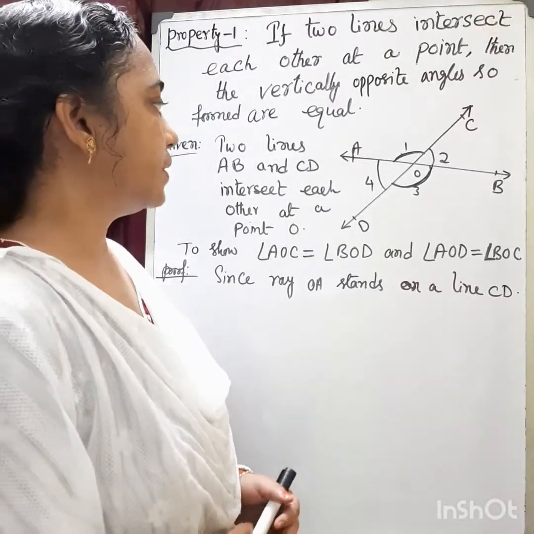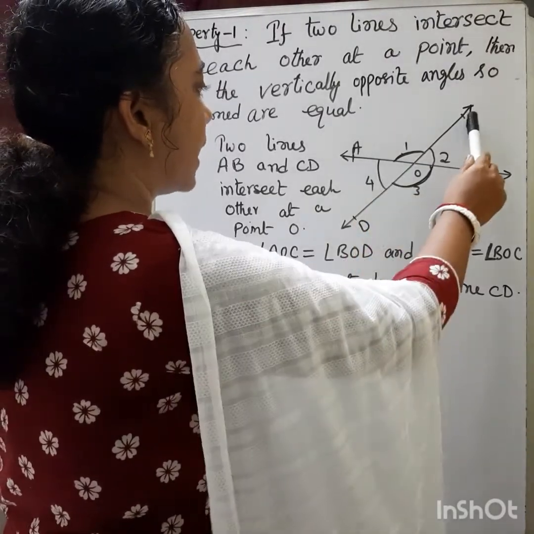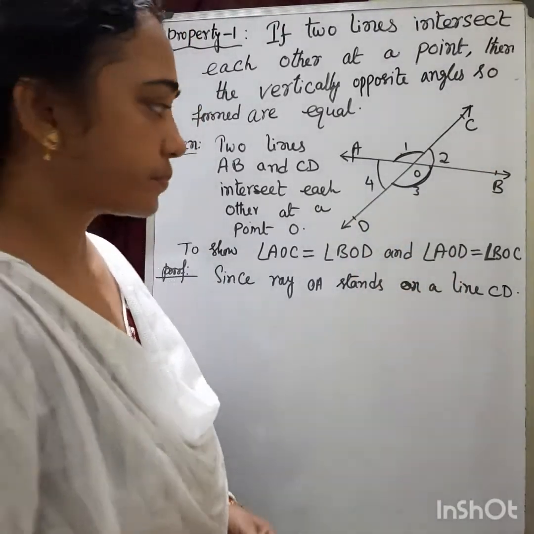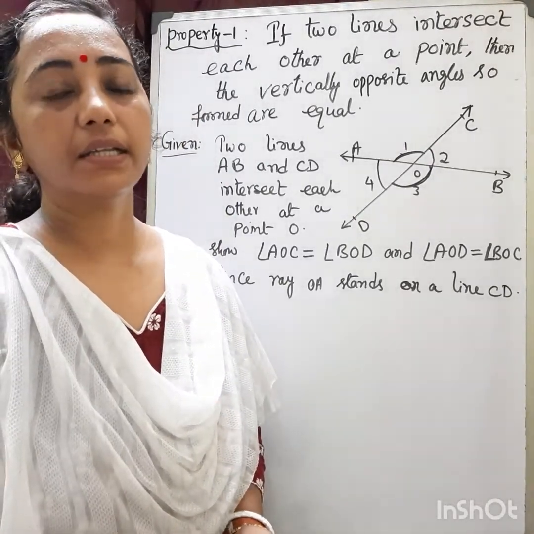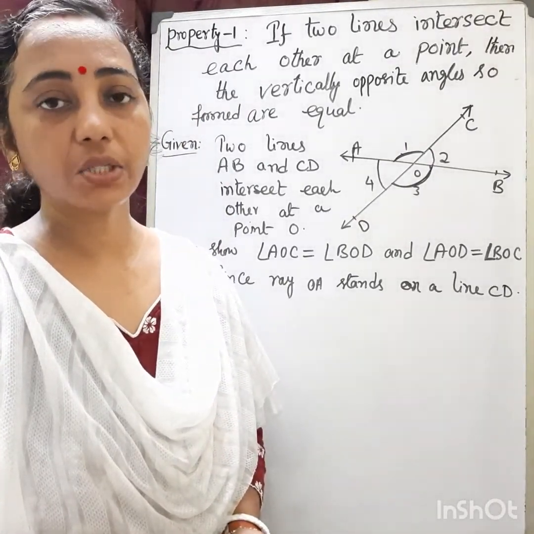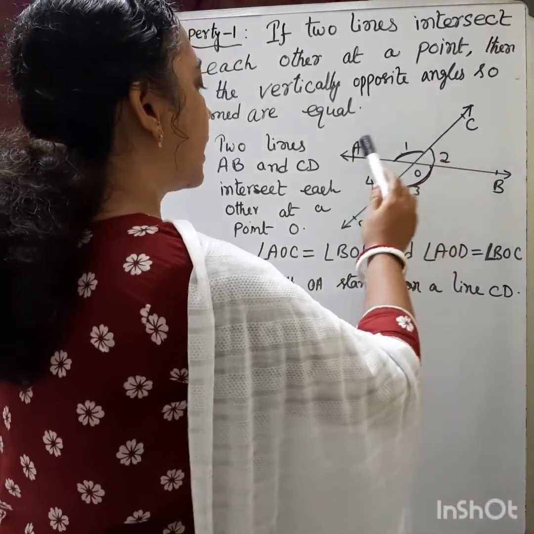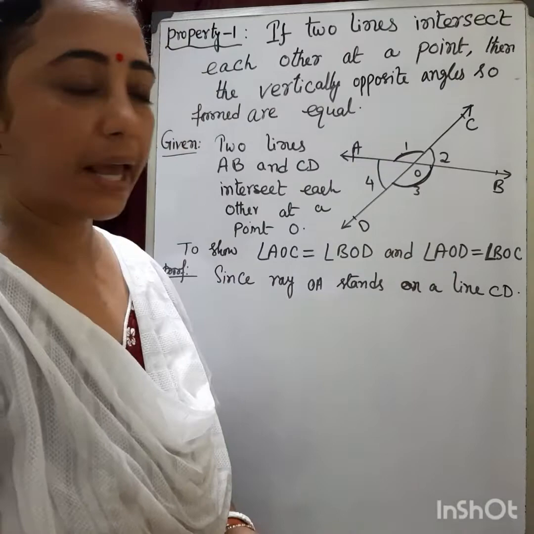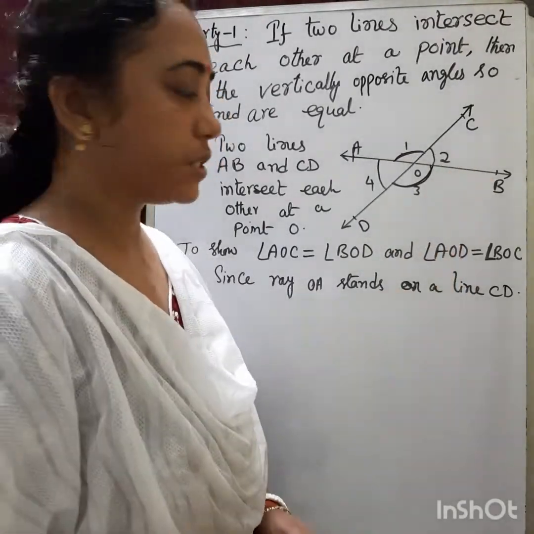Now look at this figure. In this figure, ray OA stands on a line CD. We know that if a ray stands on a line, then the sum of the adjacent angles so formed is 180 degree. So here angle AOC and angle AOD are adjacent angles. Also OC and OD are the two opposite rays.